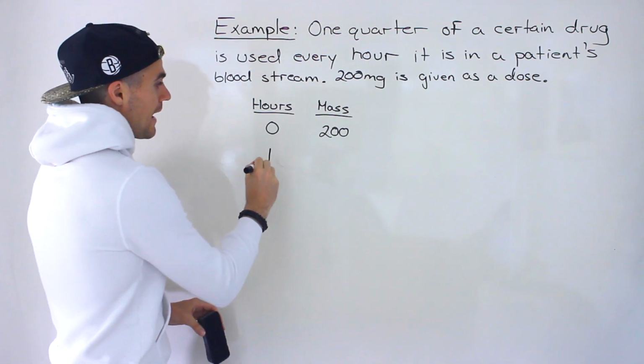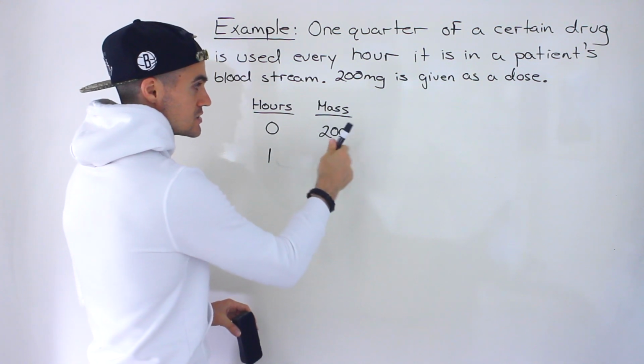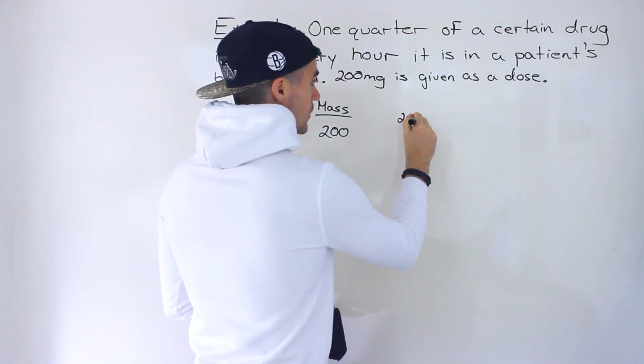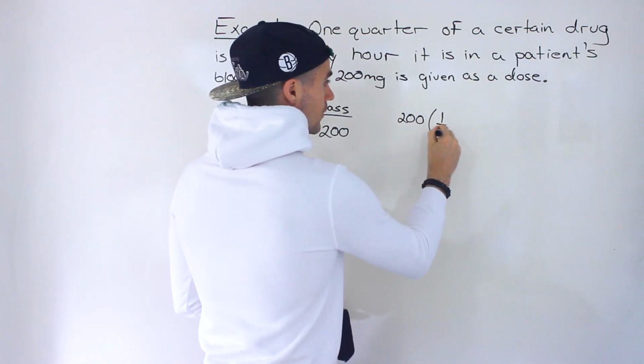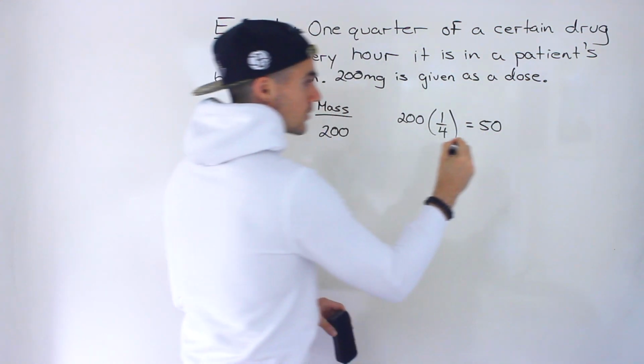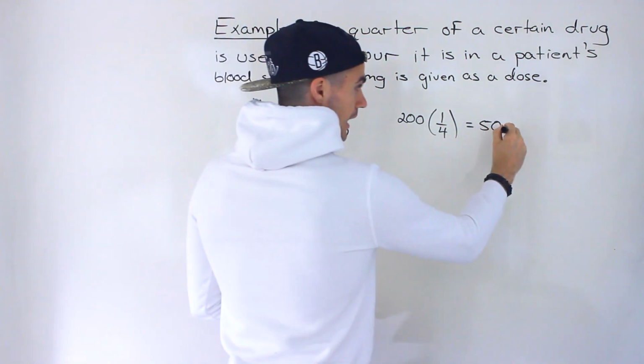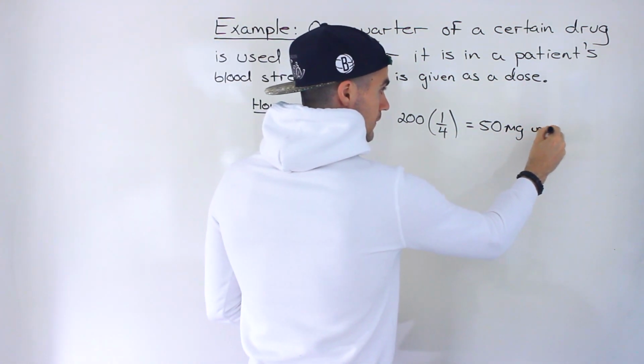So after 1 hour, 1/4 of this dose is used. So if we start off with 200, well, what's 1/4 of 200? That is 50 milligrams. So that means 50 milligrams is used.